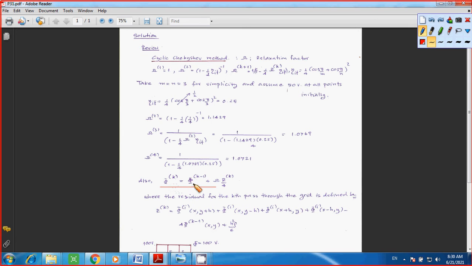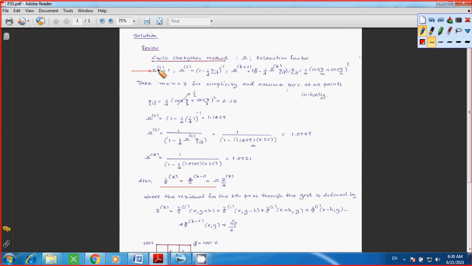It's going to be equal to the previous potential, or let's say for the second iteration you need to pick up the potential from the first iteration, plus omega r over 4. What is omega? Omega is the relaxation factor divided by this equation.